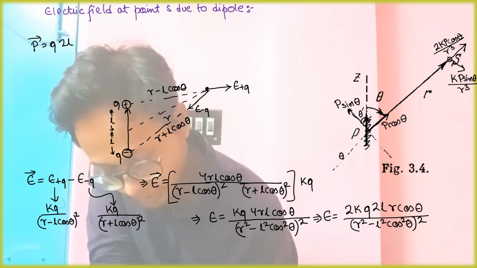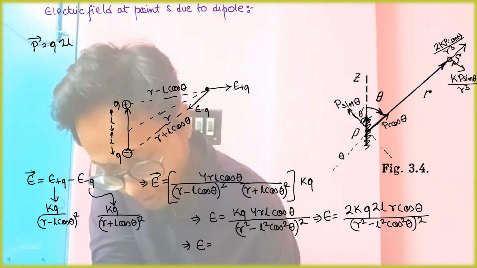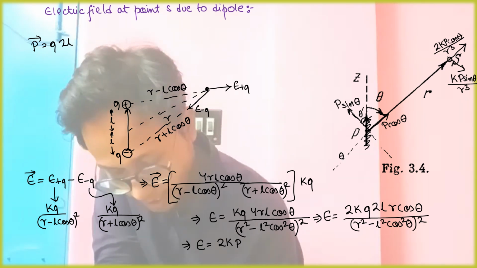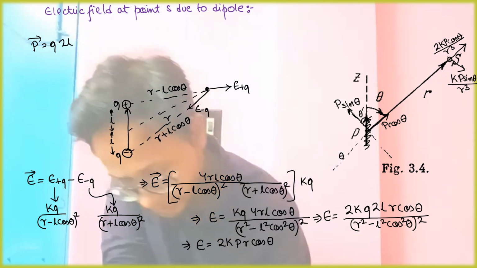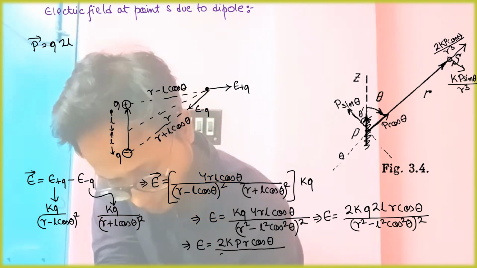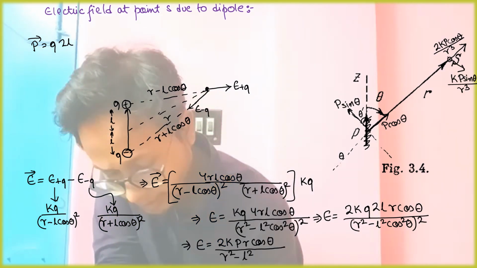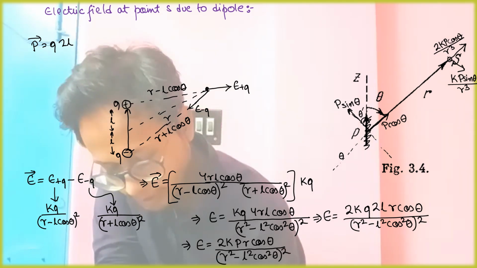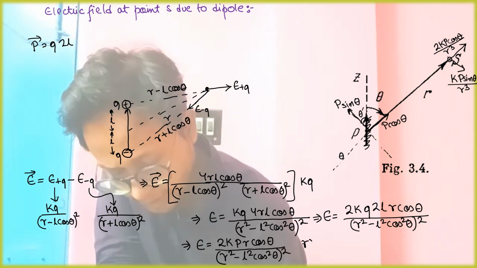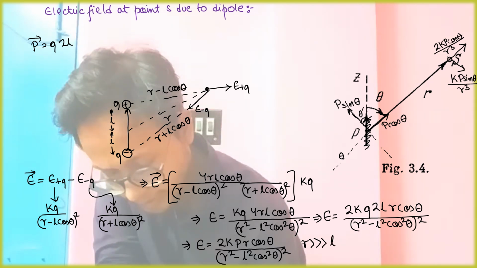So the electric field at point A would become 2k p r cos theta divided by r square minus l square cos square theta whole square. Now assuming r is much greater than l, this entire term would become 0, isn't it?